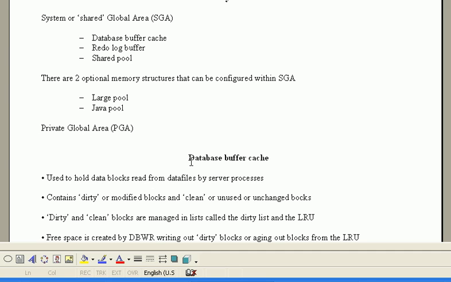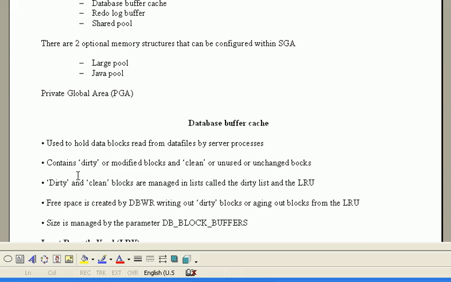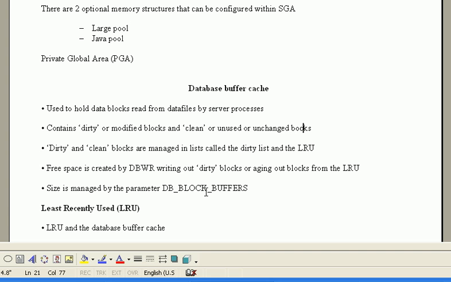Now let us see the database buffer cache. This is used to hold data blocks read from data files by server processes. It contains dirty or modified blocks and clean or unused or unchanged blocks.